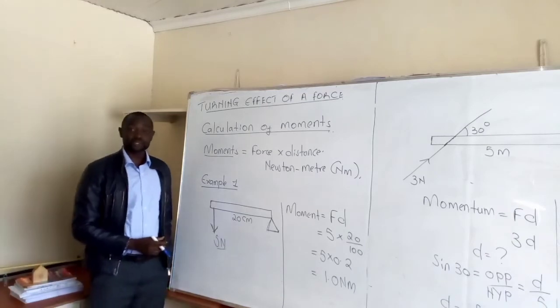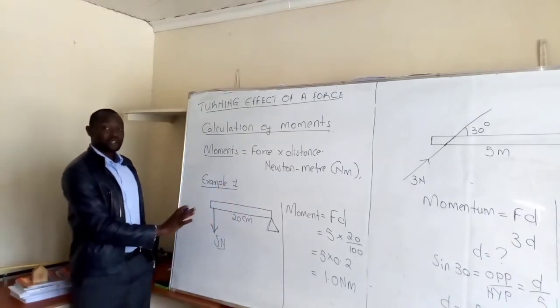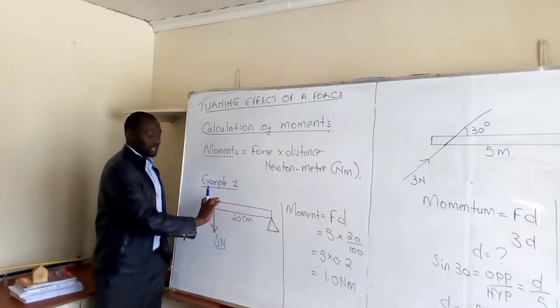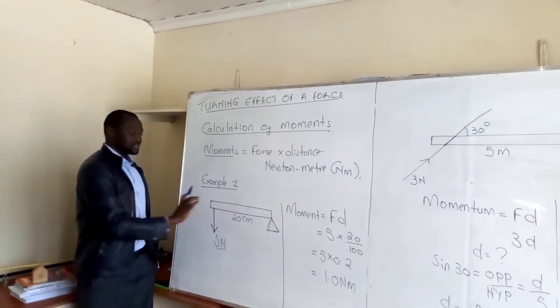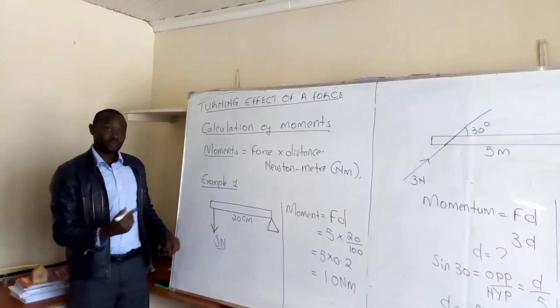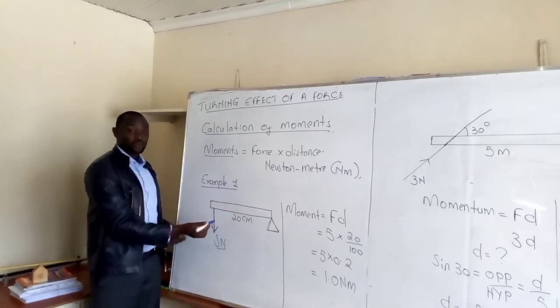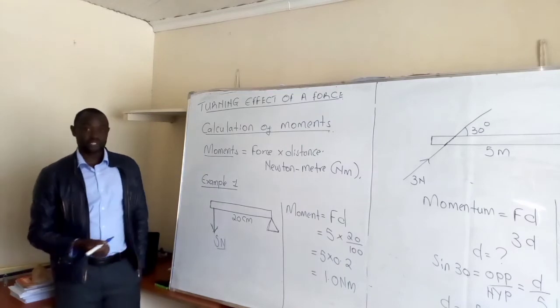As we do this example, we are assuming that this bar is weightless, that it has no weight. In another lesson, we will look at a situation where we bring the effect of the weight of the bar into consideration.